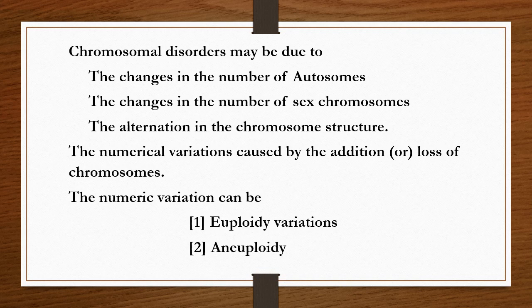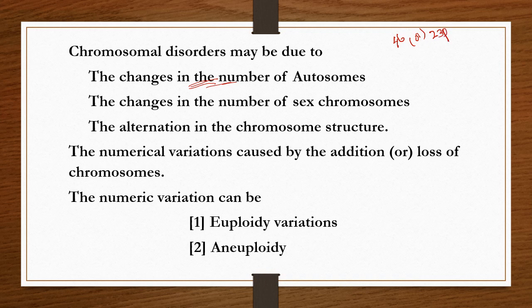That is the change in the number of autosomes. We said that human beings have 46 chromosomes, or 23 pairs of chromosomes.